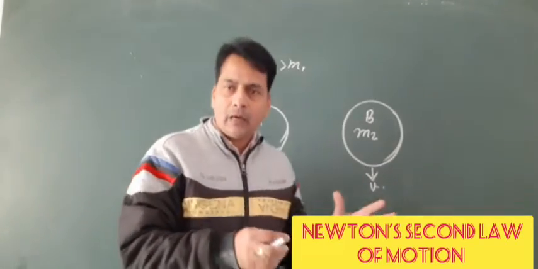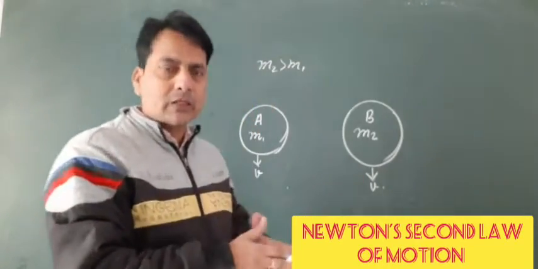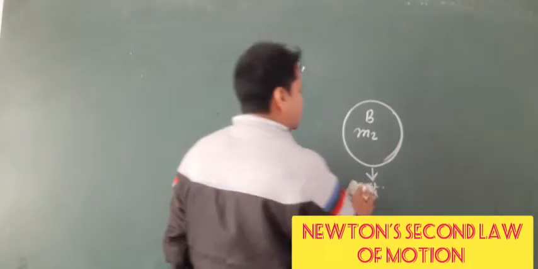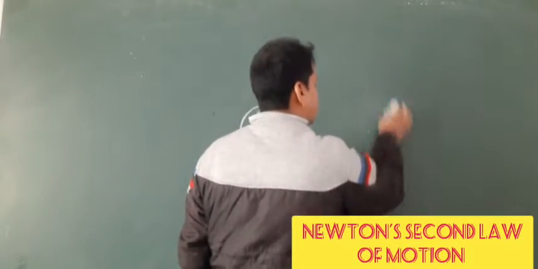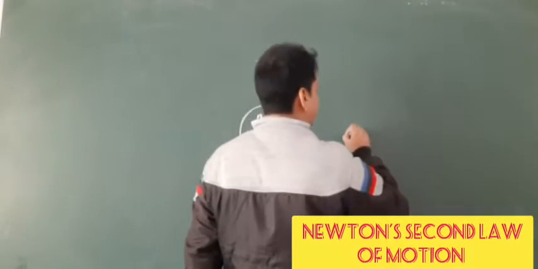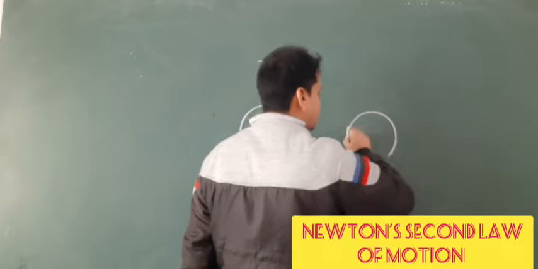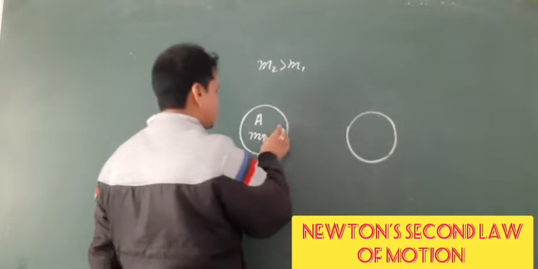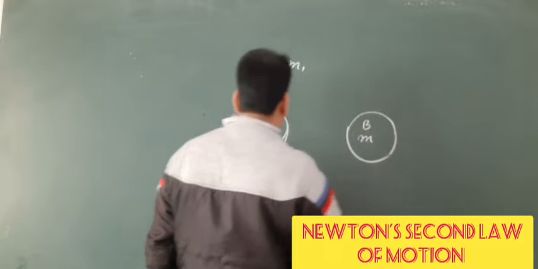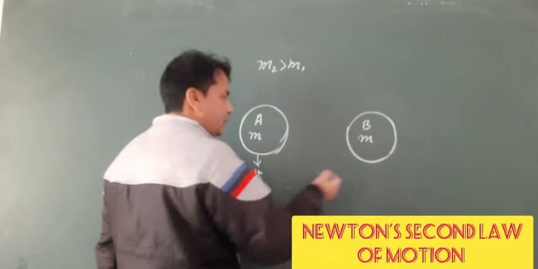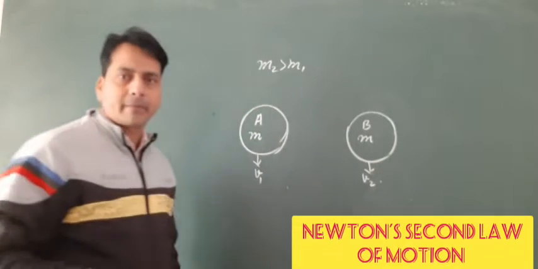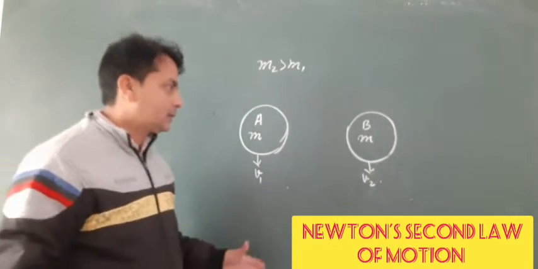Now another way: the same mass and different velocity of the objects. Suppose objects A and B have the same mass and different velocity.